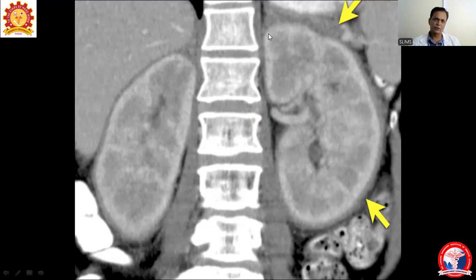This is crossing almost 4 vertebral lengths. Here, both kidneys are enlarged and showing peripheral enhancement as well as a little bit of ill-defined area, thickening and all. So, this is the case of lymphoma. Lymphoma is involving the kidneys.